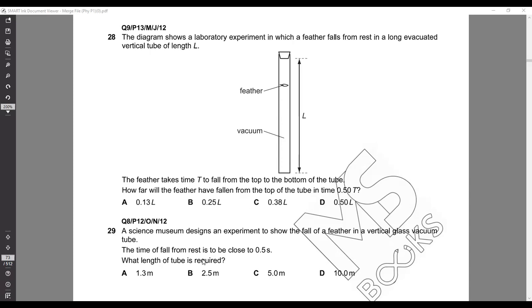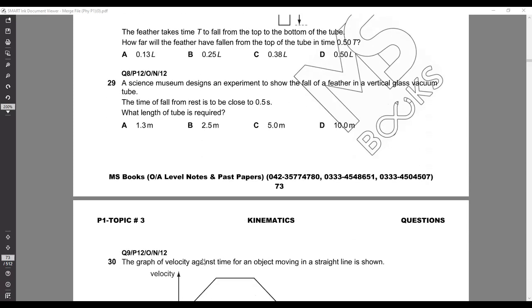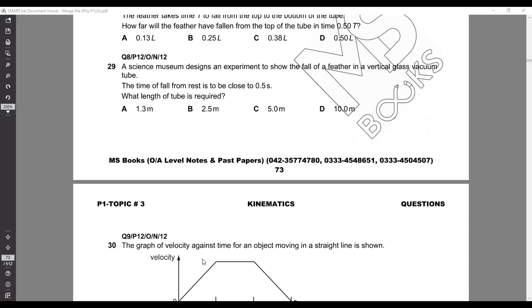Okay, even not this one, just a moment. I'm just picking those questions which actually allow you to practice question number 29.